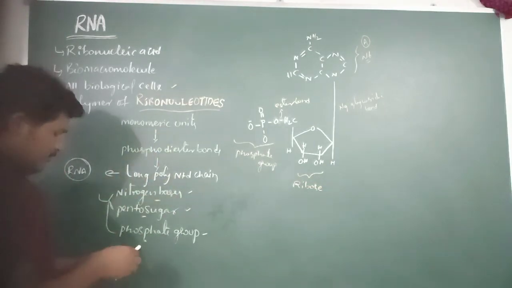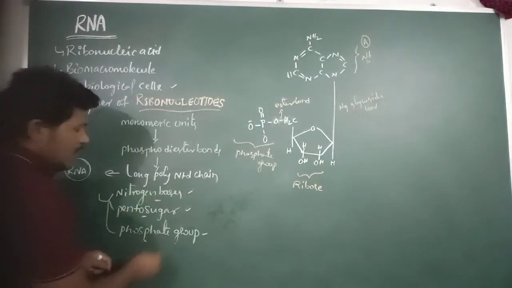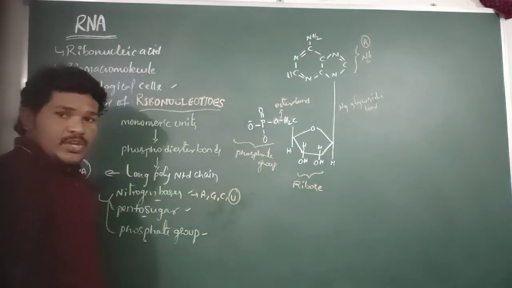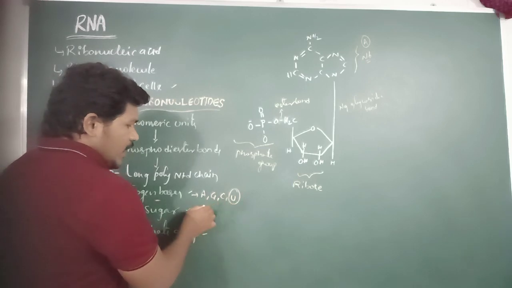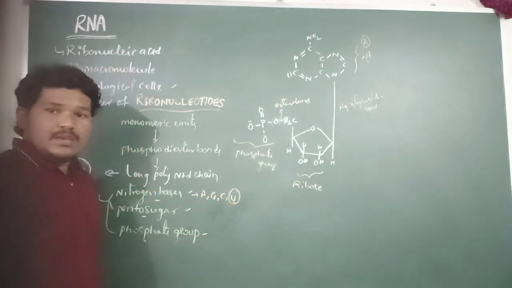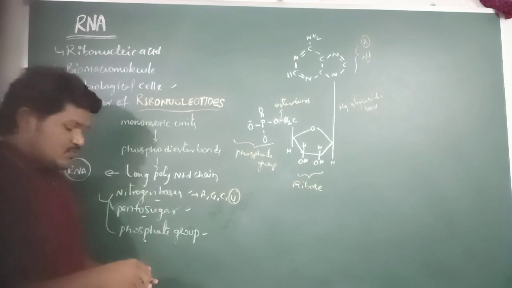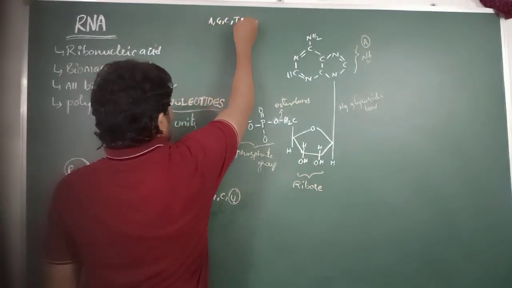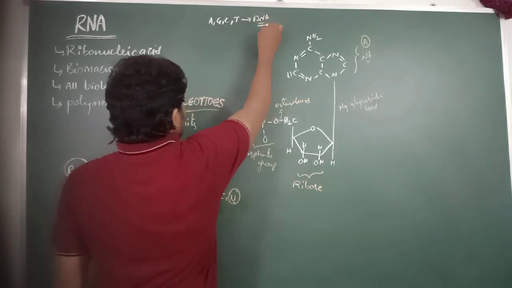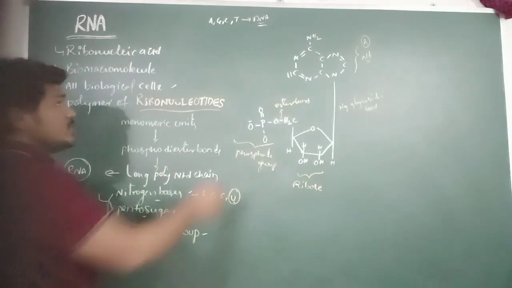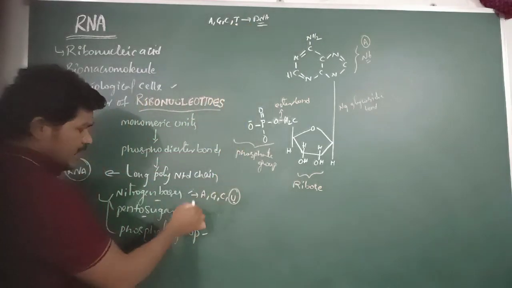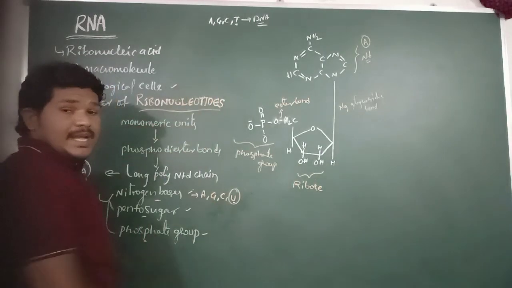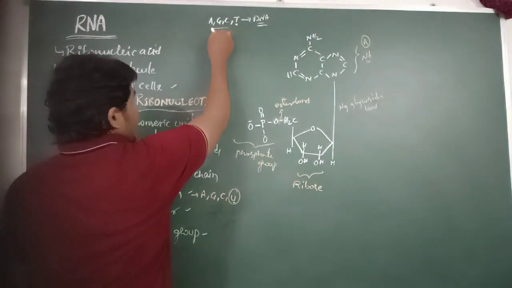The nitrogen bases present in RNA are adenine, guanine, cytosine and uracil. Uracil is present only in RNA instead of thymine. The nitrogen bases present in DNA are adenine, guanine, cytosine, thymine. So instead of thymine, uracil is present in RNA. This is the major difference between DNA and RNA on the basis of nitrogen base.